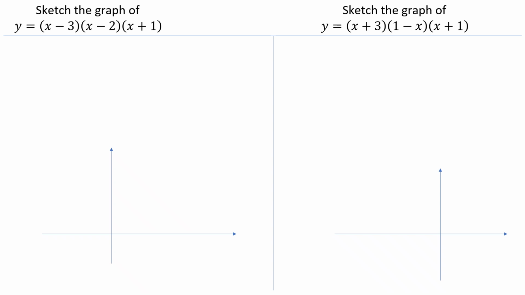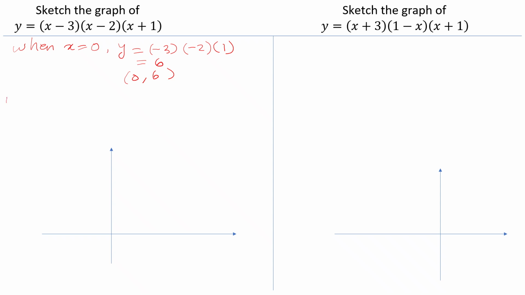When x equals 0, y equals minus 3 times minus 2 times 1, which is 6. So that is (0, 6).